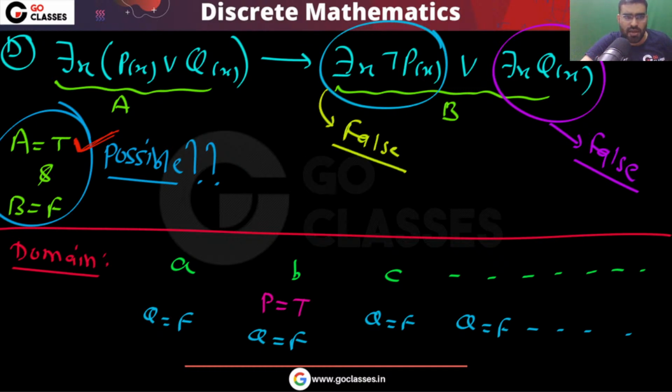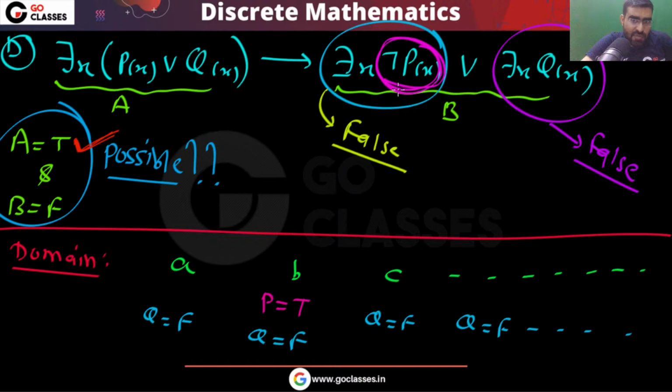Now you can see that, of course I can make it false. If you want to make this false, then for every element this must be false.